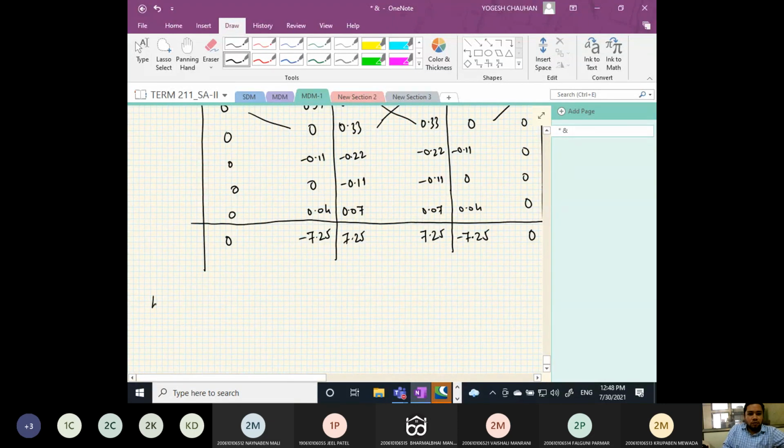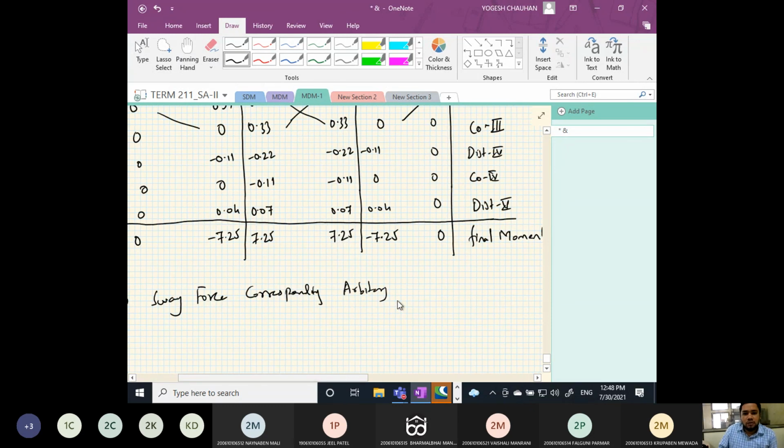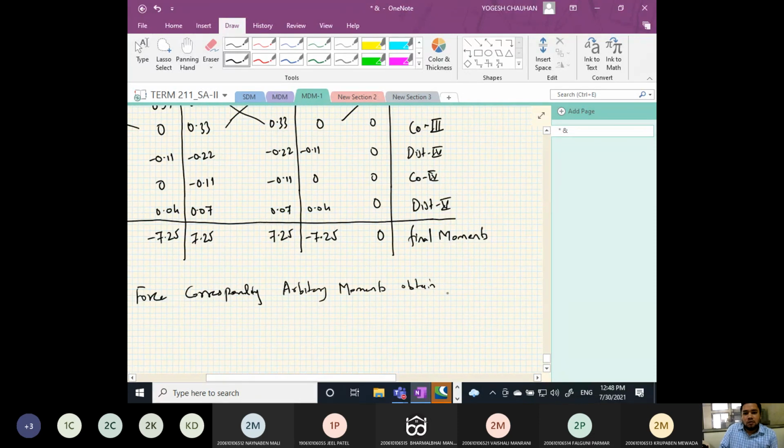Okay, so next is the fourth step. So we stop here, and in the next class we'll continue with the fourth step. In the fourth step, we'll obtain the sway force corresponding to arbitrary moments obtained from step 3.